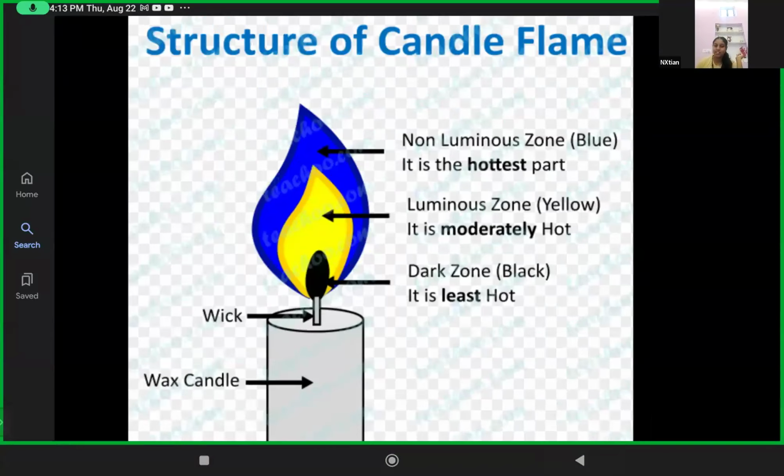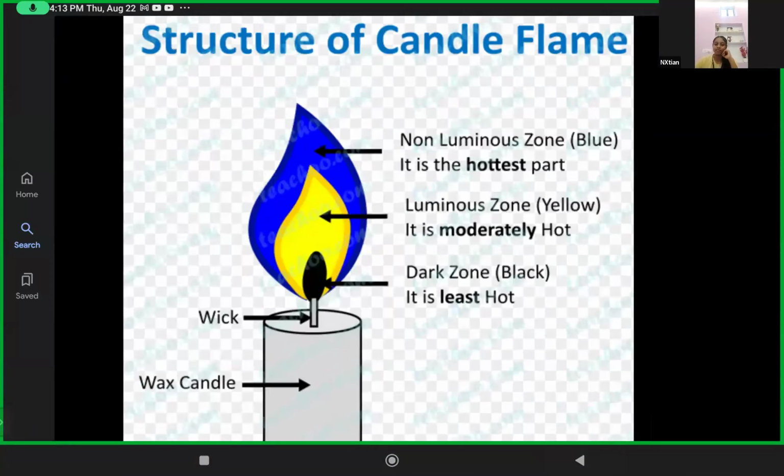Can you see the luminous zone now? Yes, ma'am, the yellow. So that is the luminous zone.